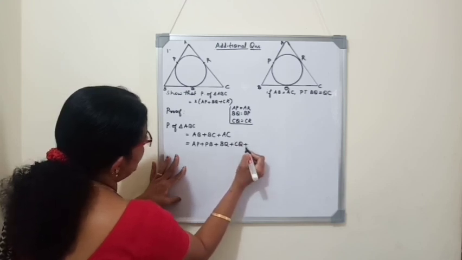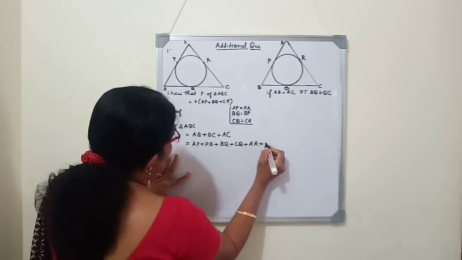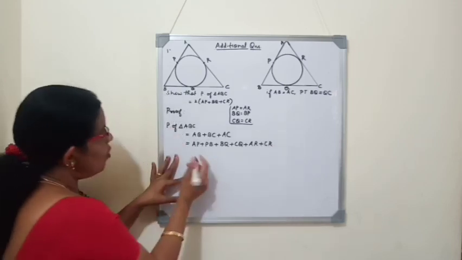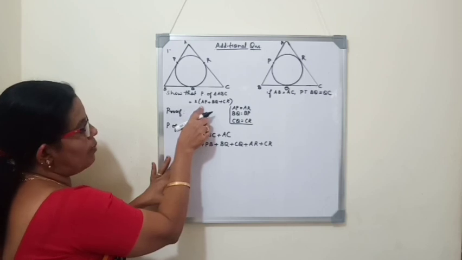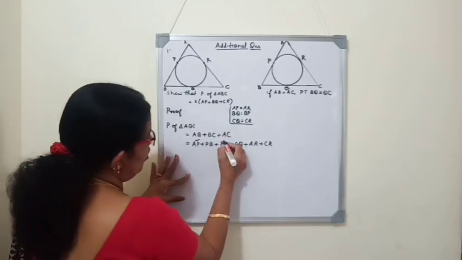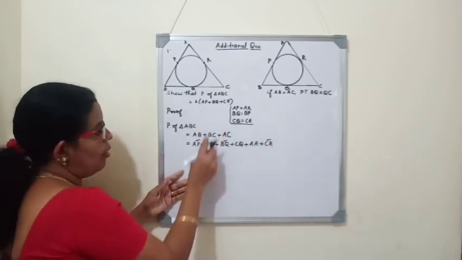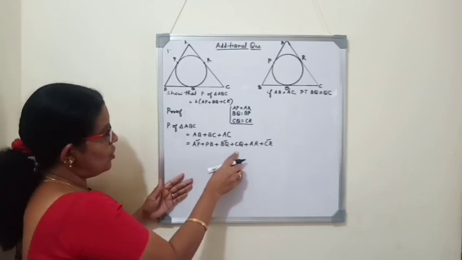And AC can be written as AR plus CR. Now, we have to prove 2 into AP plus BQ plus CR. So, AP we want, BQ and CR. These three terms are there in the proof, but the other three terms we have to change.